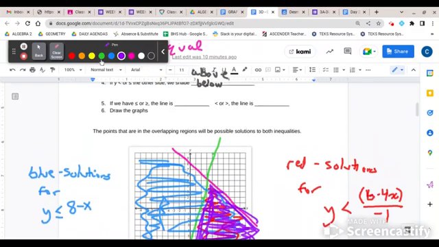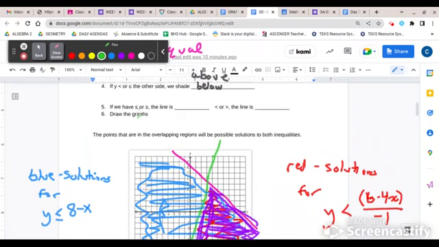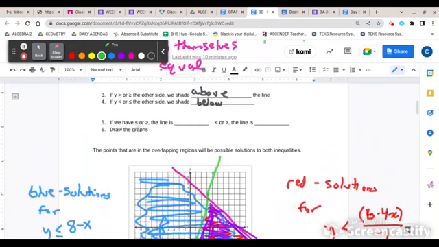Now go back, because I did make one little boo-boo here, but I kind of jumped the gun a little bit. If we have greater than or equal to or less than or equal to, we know the line is going to be solid. If we have less than or greater than, the line is going to be dotted.